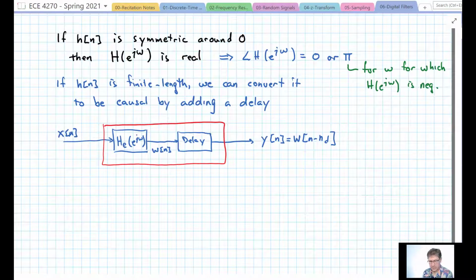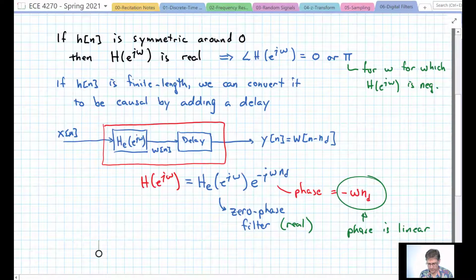So let's call our symmetric filter H_e(e^jω), e for even, and we will package it along with a delay, put our red box around that, and let this red box now be representative of a new filter, H(e^jω), which is equal to just our zero phase filter, H_e, times the delay term. And a pure delay has a transform of e^(-jω n_d).